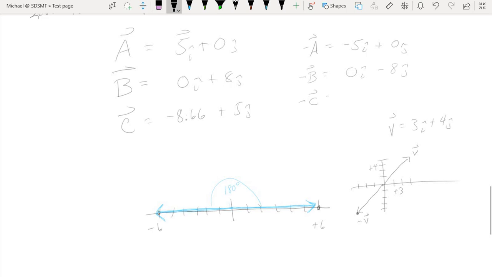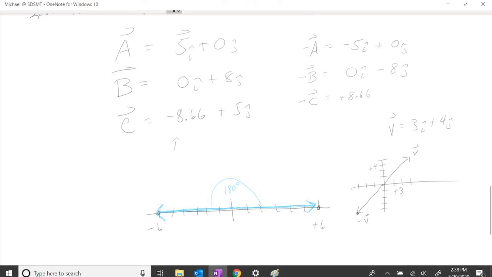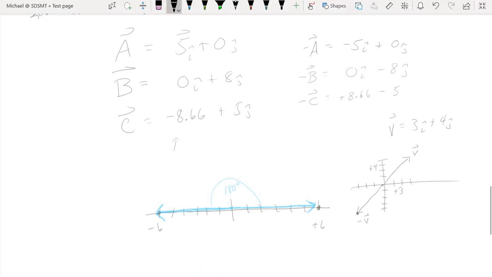And the vector -c will be positive 8.66. So if I apply a negative to a negative, I get a positive, but then we'll get a -5j hat. So those are my negative counterparts for these vectors.